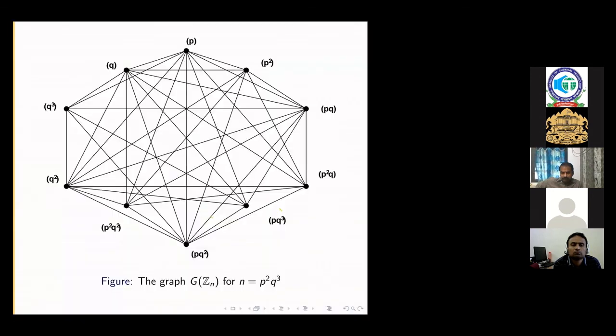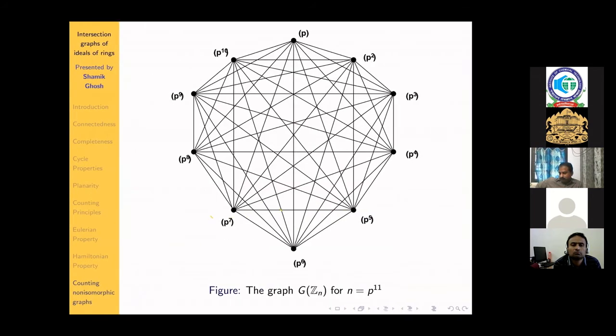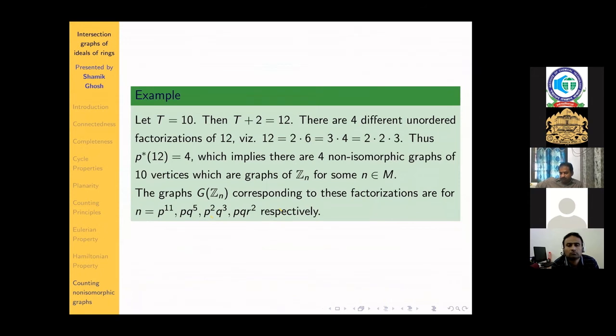But before that, I am showing you an example. Suppose you take a comparatively large number of vertices, that is 10. So you have 12. Now 12 has 4 such factorizations. You see 12, 2 into 6, 3 into 4, 2 into 2 into 3. So there are 4 non-isomorphic graphs of 10 vertices which are intersection graphs of ideals of Zn.